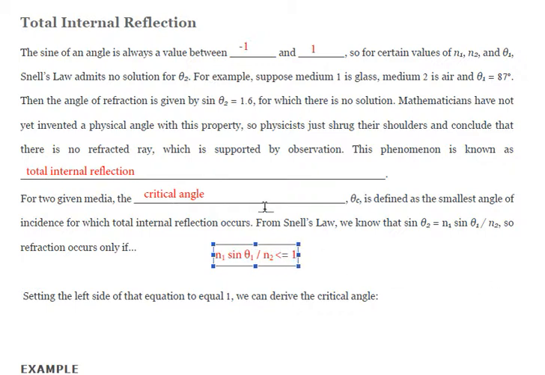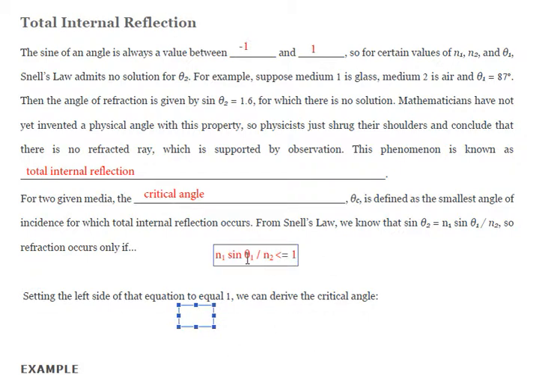It can't be any bigger or else we can't do the inverse sine. So if we set the left side equal to 1, the very uppermost limit, then we can figure out an expression for the critical angle.